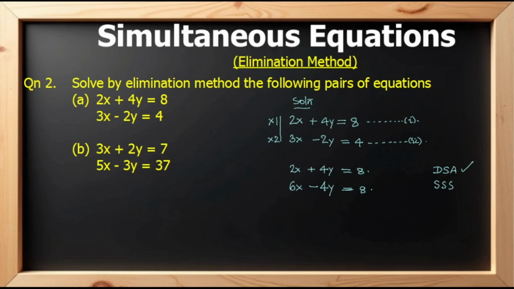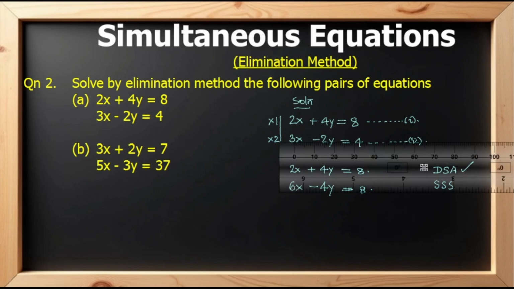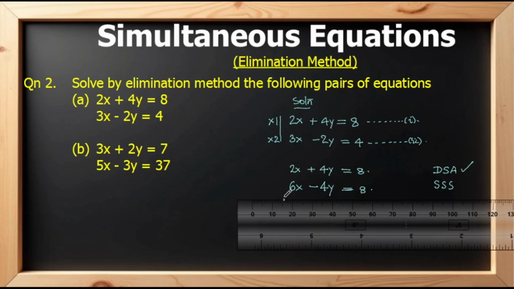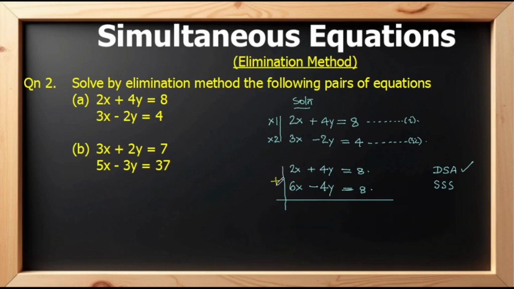Now, how do we add these equations? We can add them term by term. So we'll add the terms containing x, and then we add the terms containing y and the constant terms together. So let's go ahead and add these numbers.